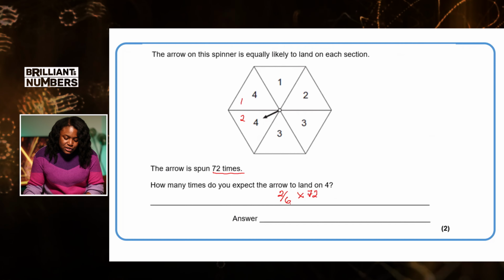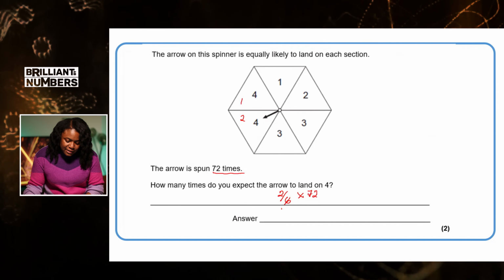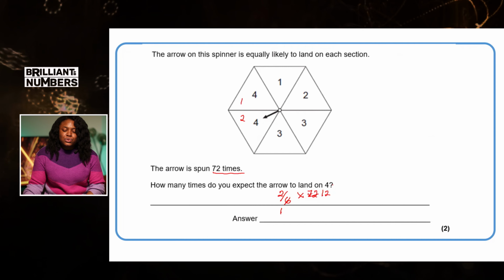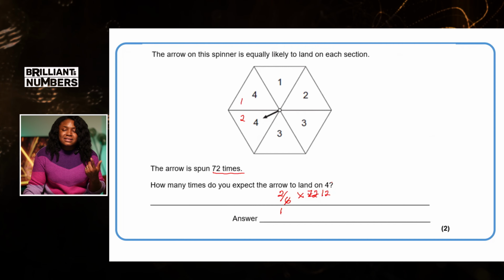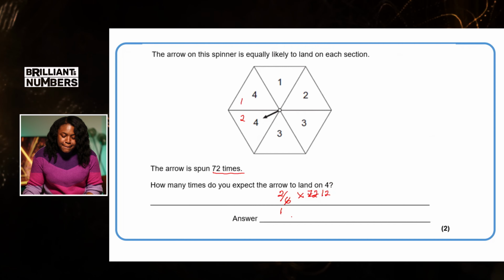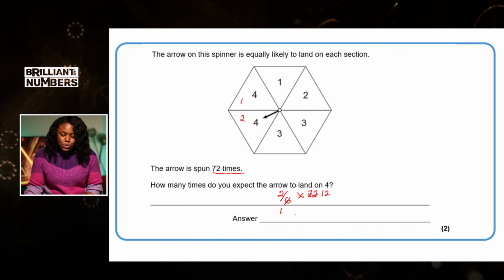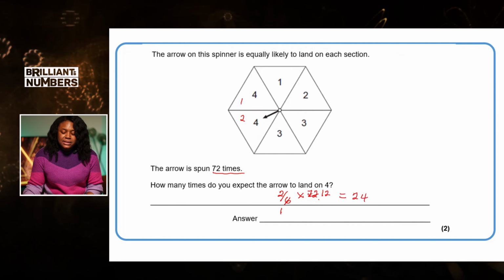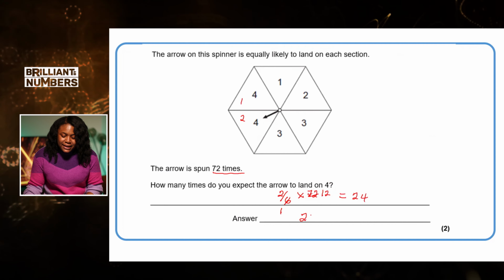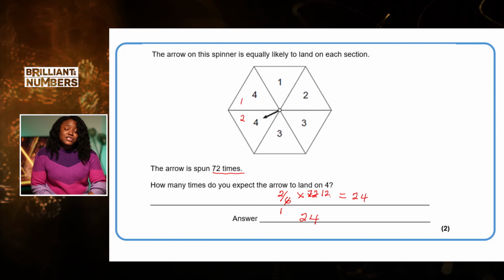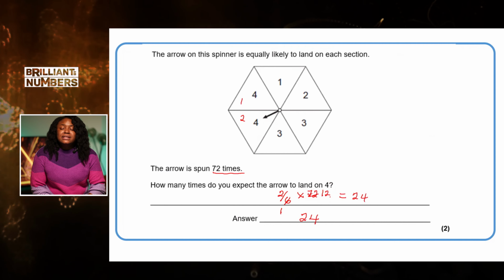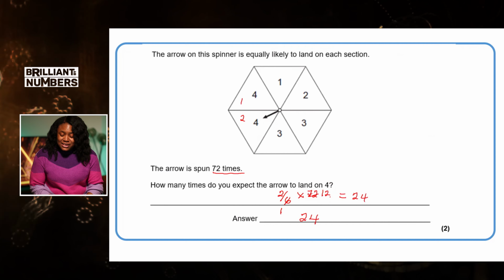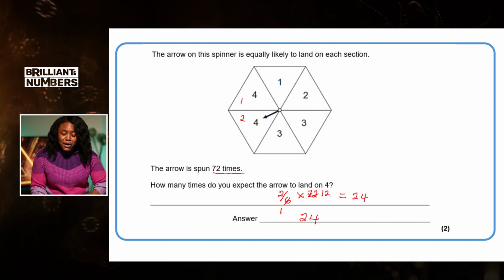So 6 into 72 goes 12 times. So 6 times 12 gives us 72. So once I multiply 2 times 12, I will get my answer. And my answer is 24. So I expect my spinner to land on a 4 24 times. Simple. So that was 2 marks.